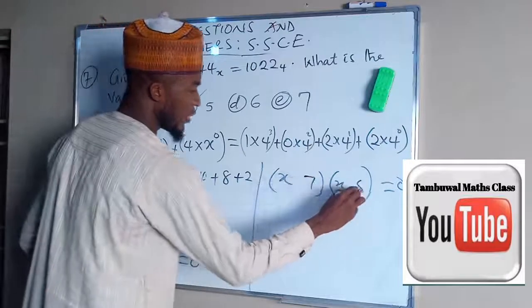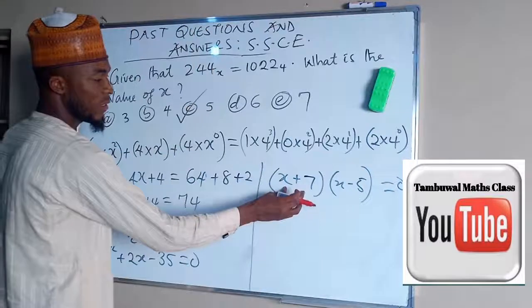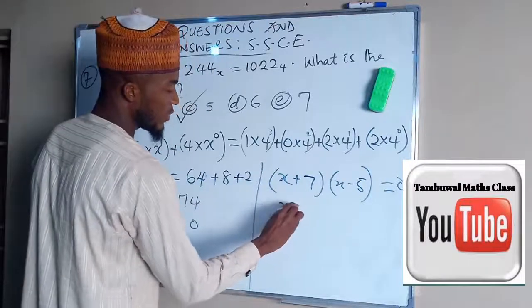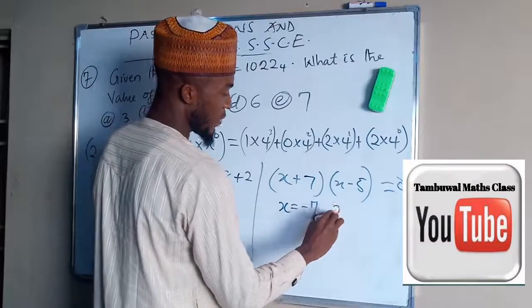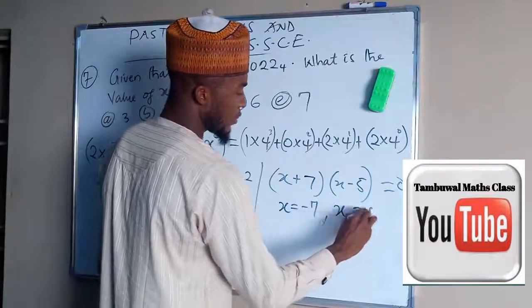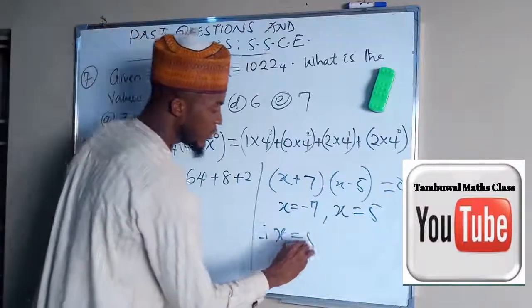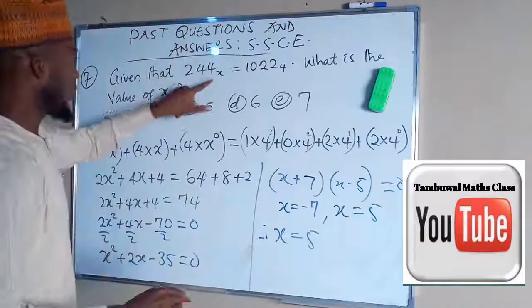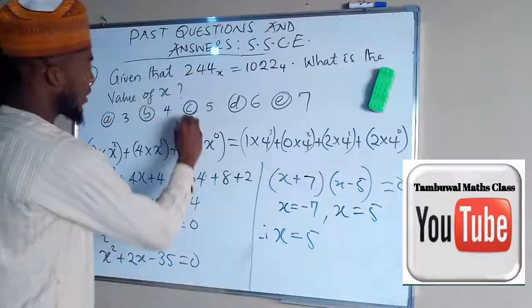And the numbers are 7 and 5, plus and minus. If you set this one equal to 0, you have x equal to negative 7. And if you set this one equal to 0, you have x equals 5. So the actual value of x is equal to 5, because x is representing a base and we don't have a negative base. So the right answer here is 5.